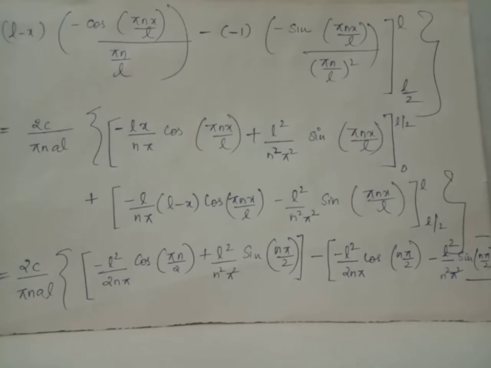You can take denominators pi n by L and pi n by L square to numerators correspondingly as their reciprocals, and thus we get Bn equals 2c by pi n al multiplied to negative Lx by n pi cos pi n x by L plus L square by n square pi square sin pi n x by L, to which we will have to give upper and lower limits L by 2 and 0, plus negative L by n pi L minus x cos pi n x by L minus L square by n square pi square sin pi n x by L, to which we have to give upper and lower limits L and L by 2.